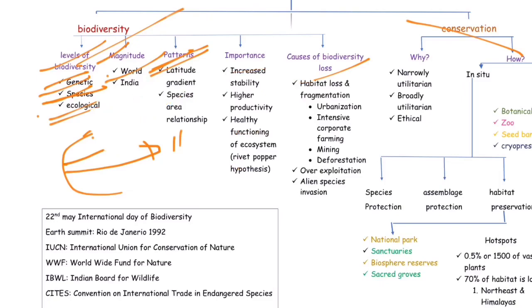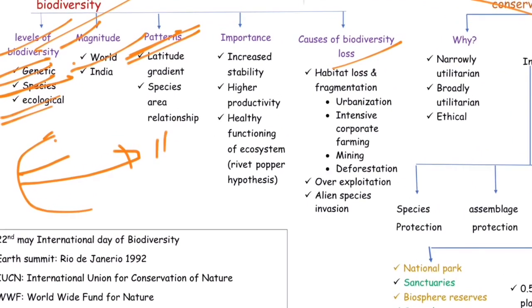Next we studied about importance of biodiversity. Why is biodiversity very important for a habitat, or what happens if a habitat is more diverse? If a habitat is more diverse, then it increases the stability of the habitat. It increases the productivity of the habitat and it allows the ecosystem to perform in the healthiest way. Here it tells about the Rivet-Popper hypothesis, which was given by Paul Ehrlich.